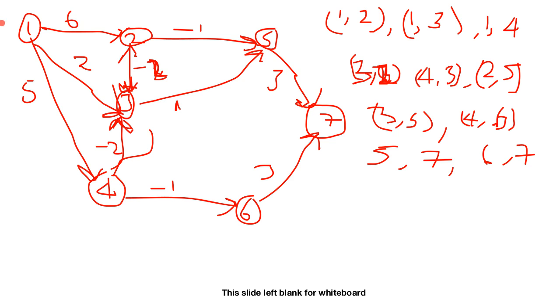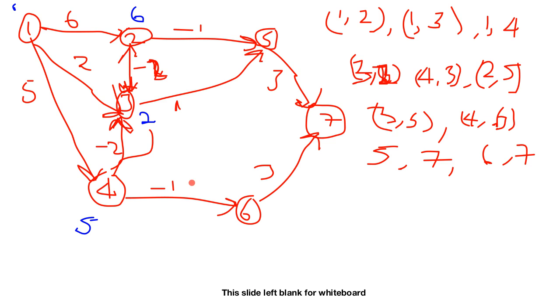So in this case, there is 0. This infinite remains to be 6. We are supposed to move from 1, 3. This is supposed to be 2. Then we have 1, 4, which is supposed to be 5.